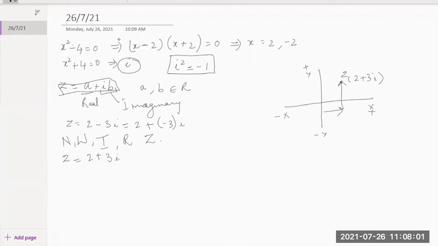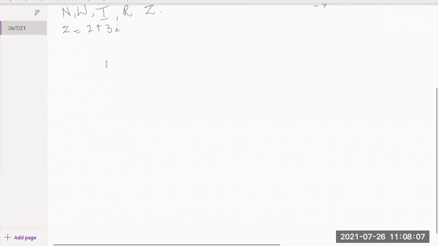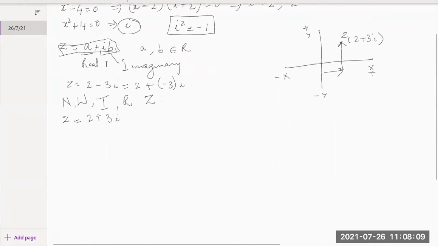Now suppose another z is given to you as 2 − 3i. It has to be written as 2 + (−3)i. Now how do we move?